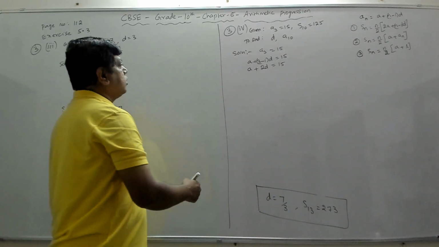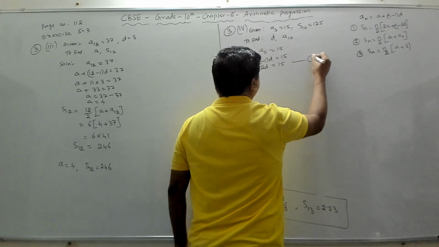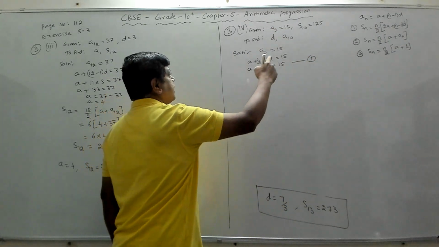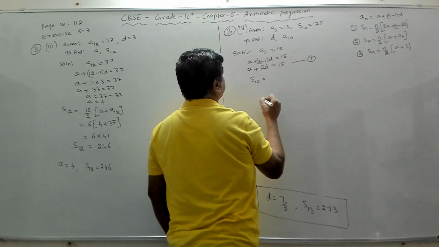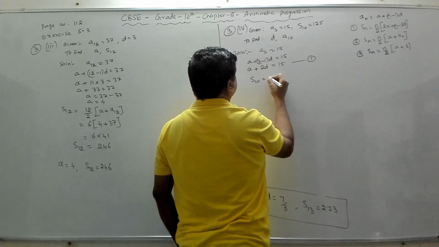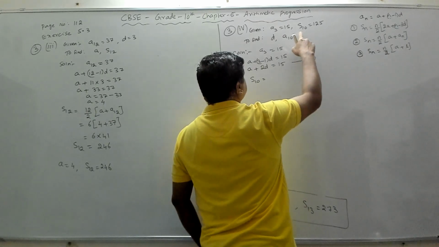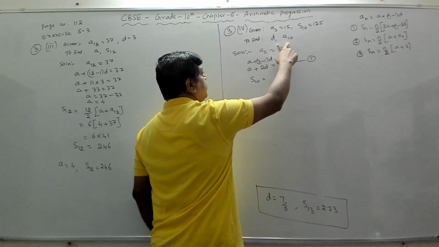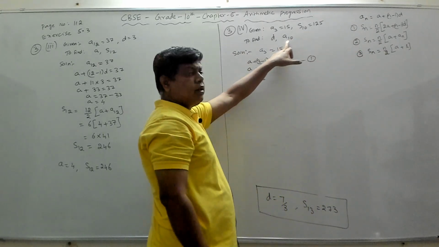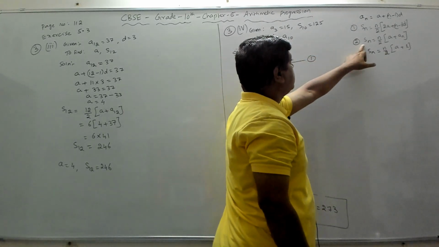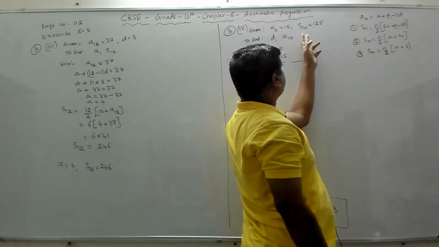Now this is one equation. We don't know A, we don't know D, both. So this is equation number 1. Now let's take S10. We don't know the 10th term A10, so we can't use the second formula.